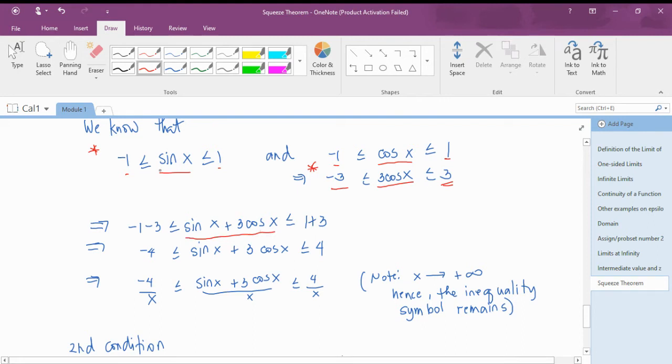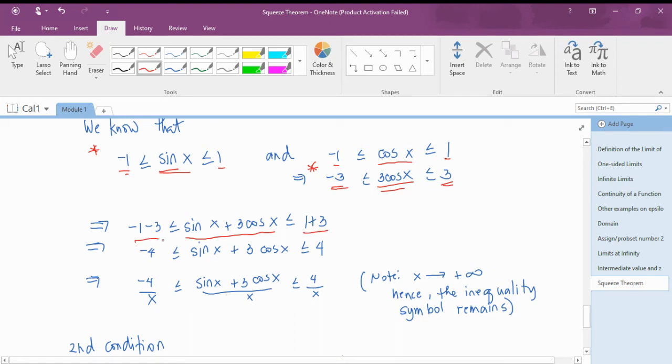Since pinag-add natin yung dalawang middle functions, syempre ipag-add din natin yung kanilang corresponding functions na nasa left and right. So una, yung left, so negative 1 minus 3. And then yung sa right naman, 1 plus 3.